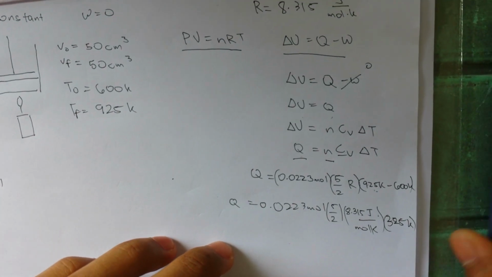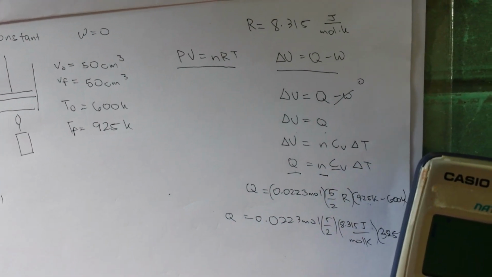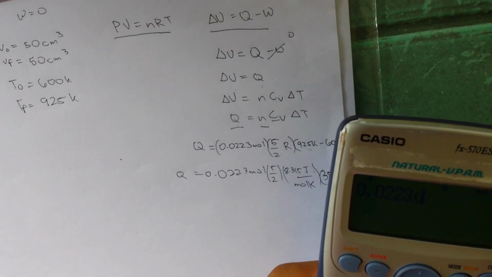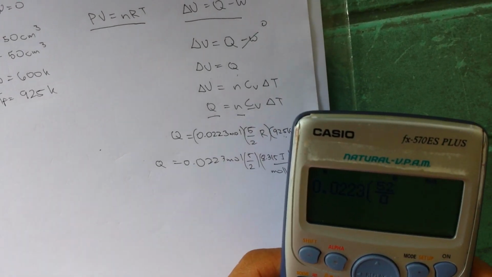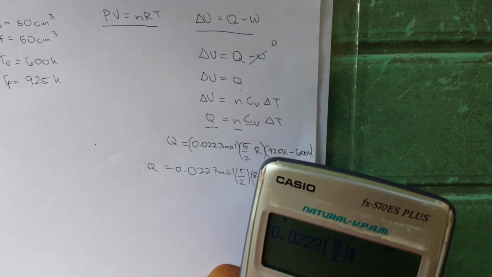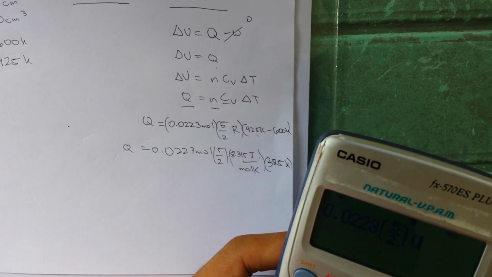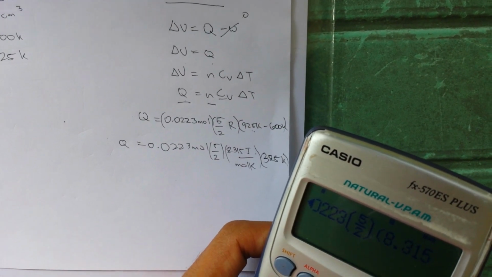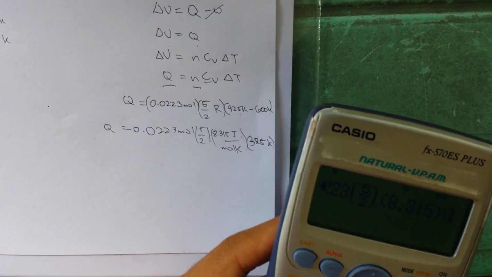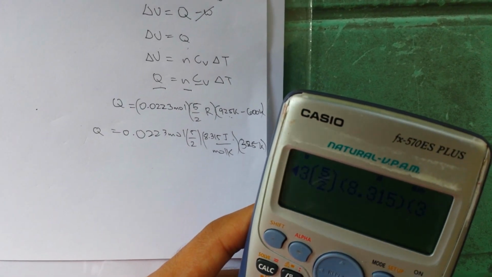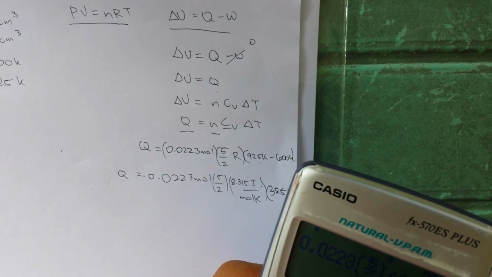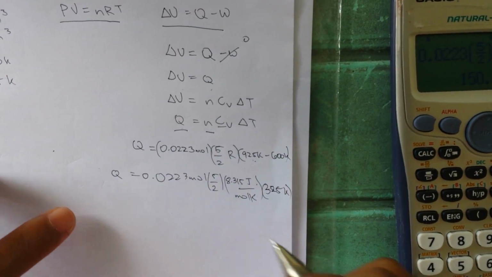I'm gonna solve this. 0.0223 multiplied by 5/2 times 8.315 multiplied by 325 Kelvin is equal to, oh, that's big.